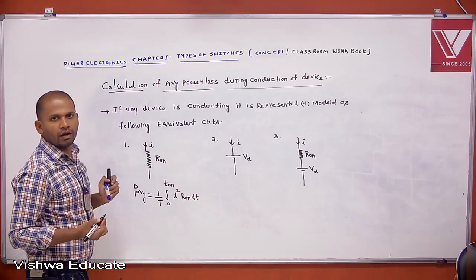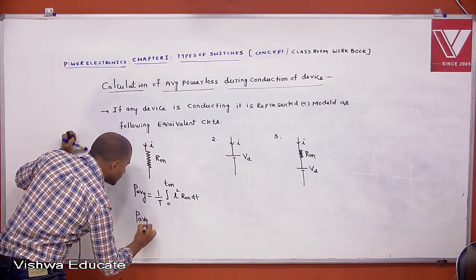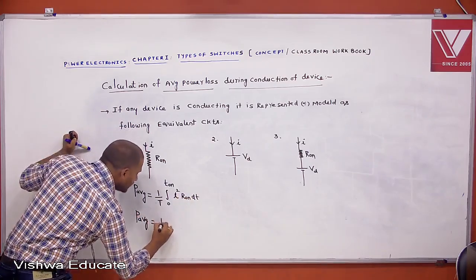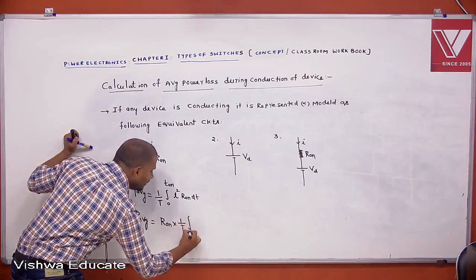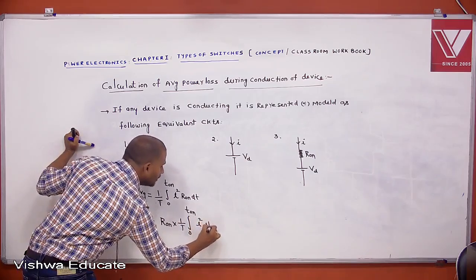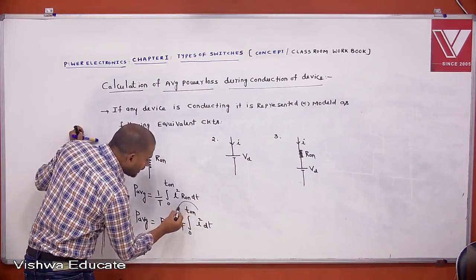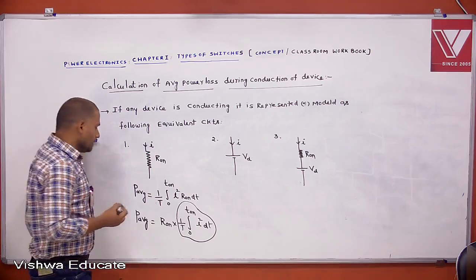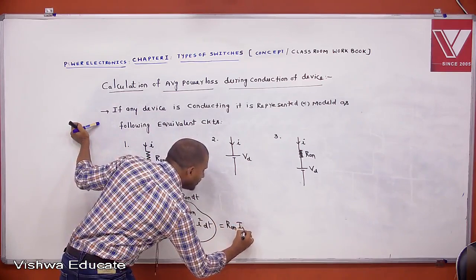Take R on as constant: R on into 1 by T integral 0 to T on I square dt. Okay, then what does this formula indicate? This is R on into I RMS square.